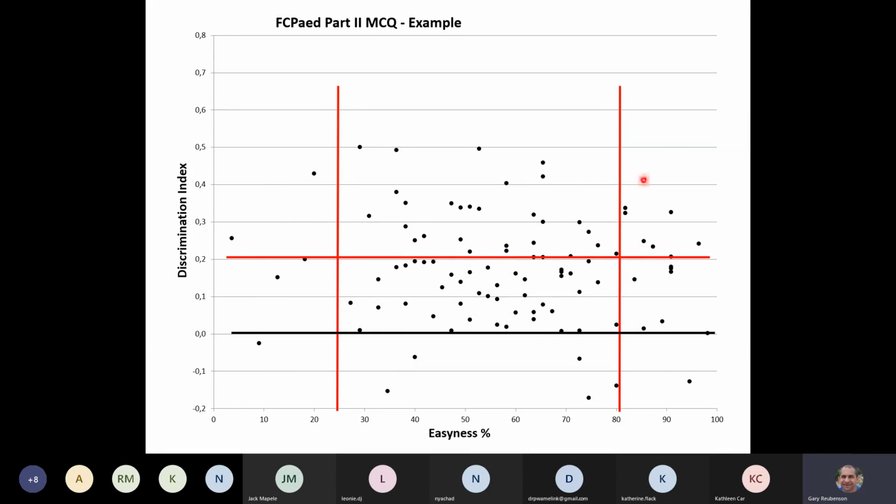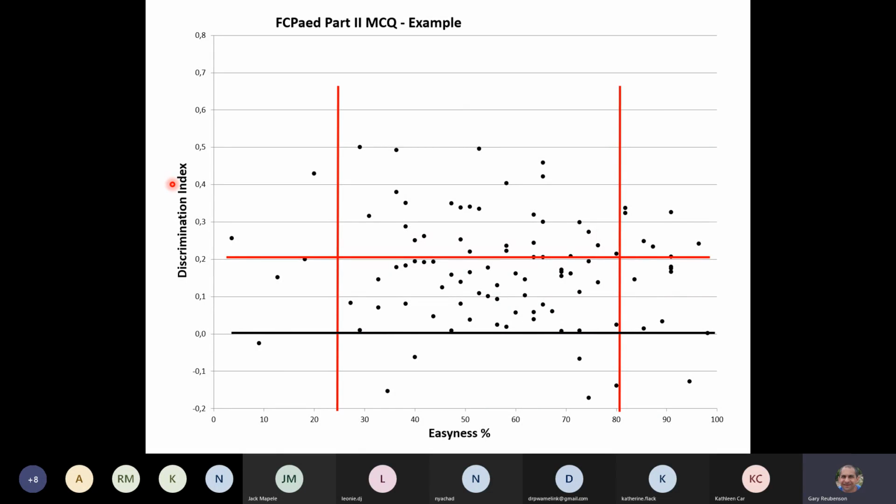And then these questions up here are too easy, where almost everyone gets them right. So that's what the easiness percentage refers to. The discrimination index is a little bit more difficult to understand, but what it essentially speaks to is how well the performance on that particular question was able to discriminate with respect to how well people did throughout the whole exam.